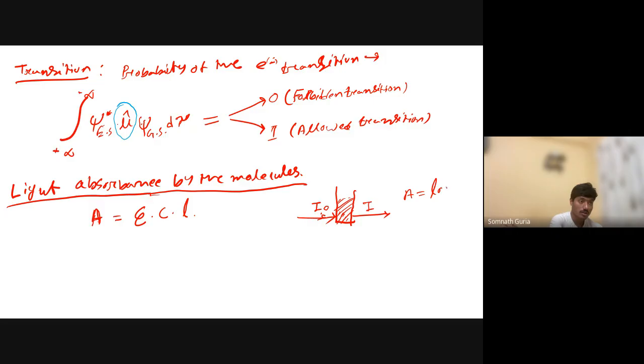It's called log of I0 by I. It is a ratio of I0 and I, and as it is a ratio and a logarithm value, this is a unitless parameter.